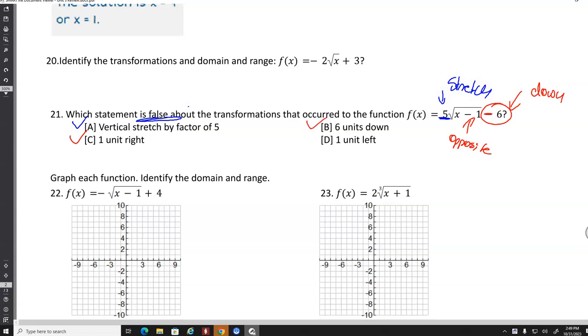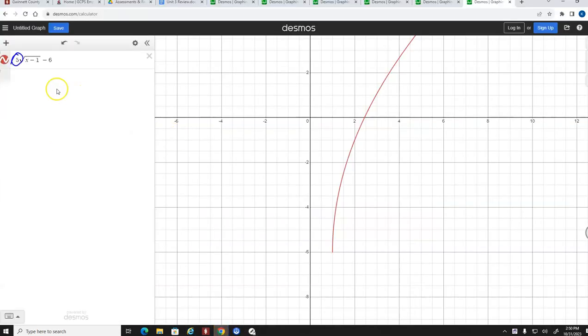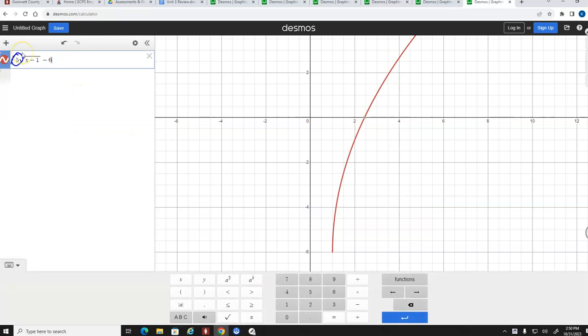And 1 unit left would be the false statement, because 1 unit left will be +1. And again, you can play in Desmos: if you don't understand what it does, you can do +6 to see where the function is going to go, or -6 from the original function, and see how it behaves. So that might help you as well.